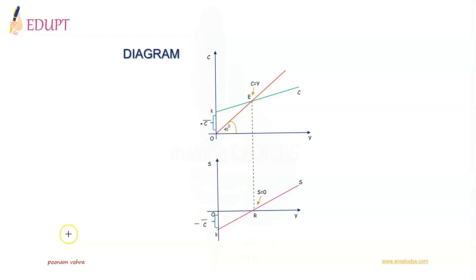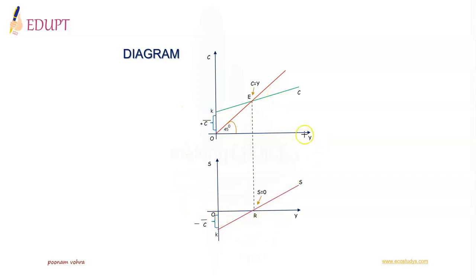Consumption, savings and income can be shown diagrammatically too, either through one diagram or two different diagrams. For simplicity and for clarity, here two diagrams have been drawn.